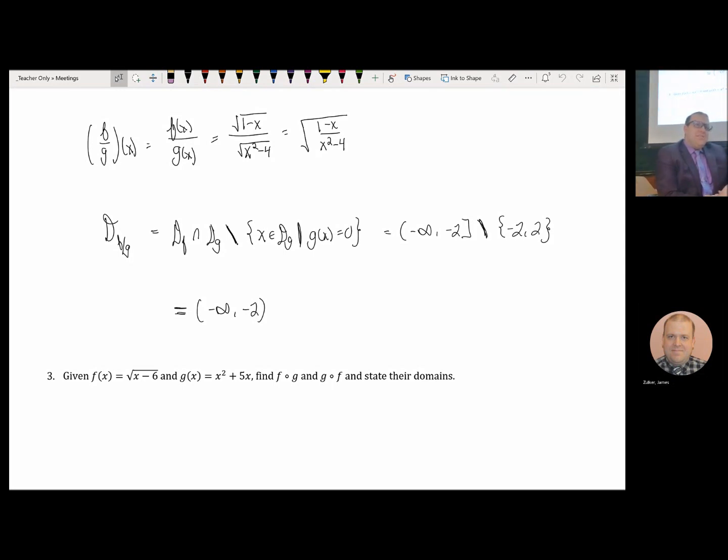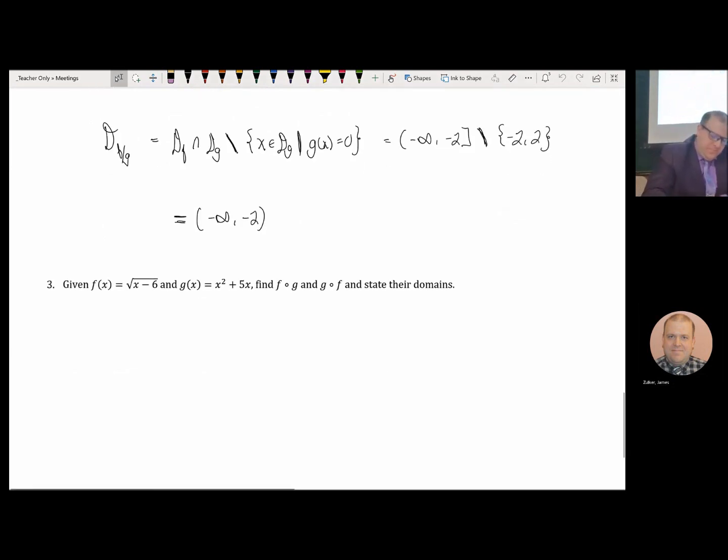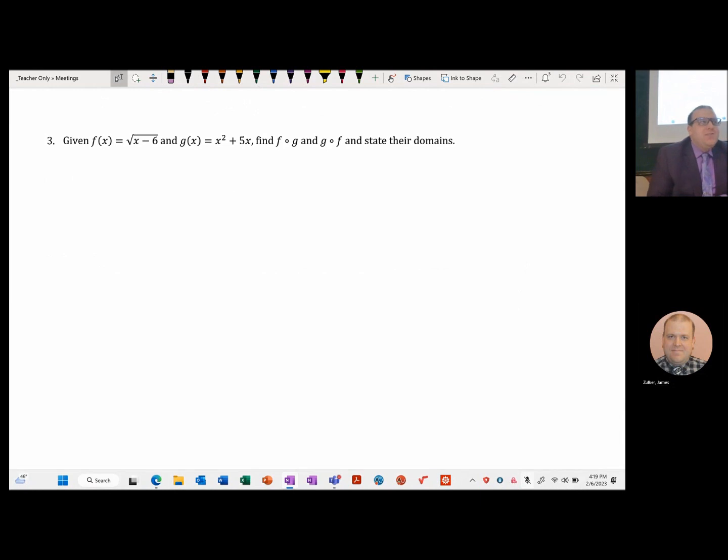Composition. I guess technically you could argue square root's an operation, right? I would argue raising it to a power is not, though. Function composition.